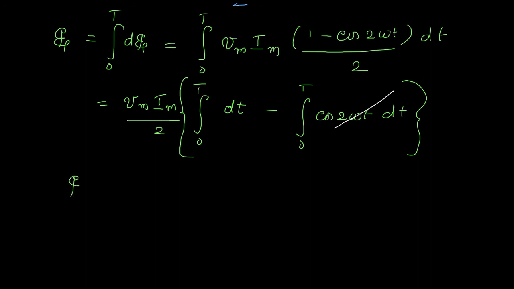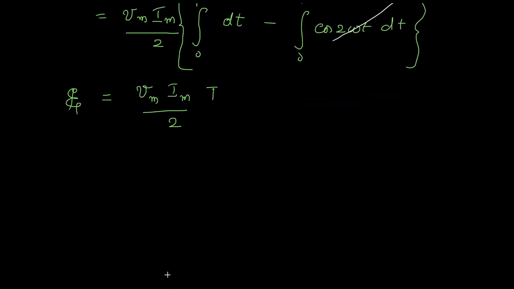Thus, the energy consumed by the resistor when AC passes through the circuit will be Vm Im by 2 into the integration of dt, that is T.